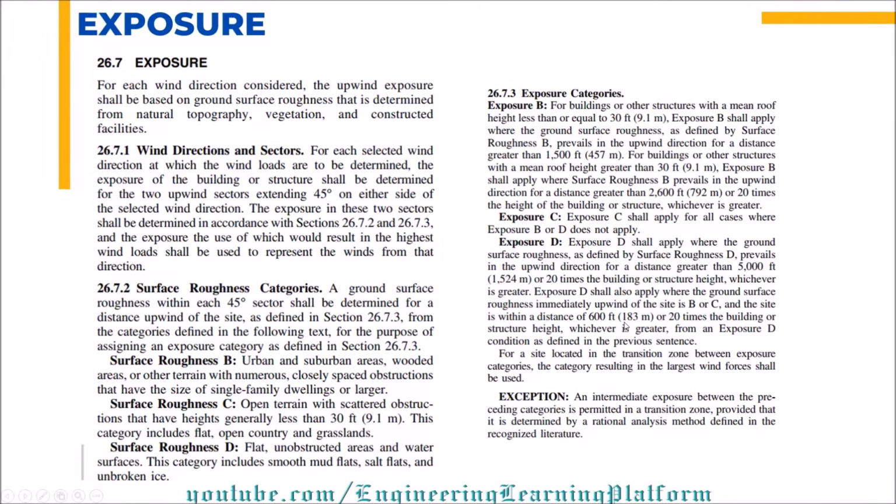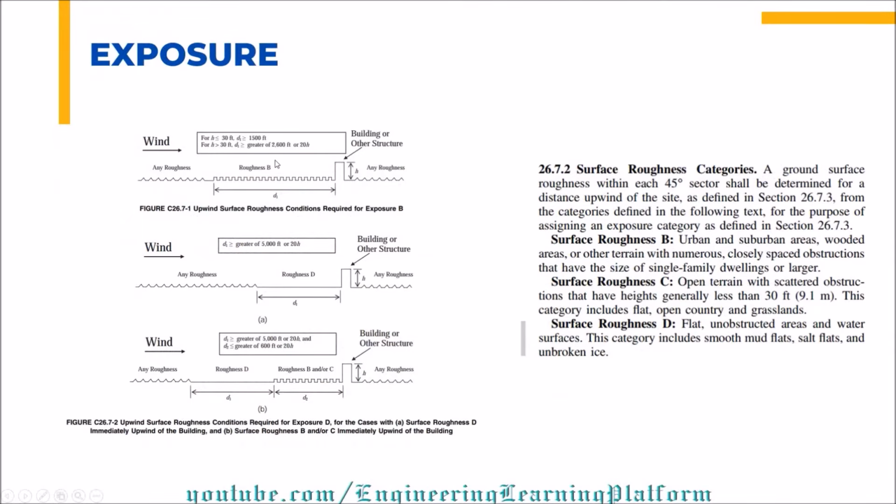So first we need to know what we mean by exposure B category and what we mean by exposure D category. So for exposure B category, if your roughness is B and this condition is satisfied, then your exposure category will be B. Or if this condition is not satisfied and any of these conditions is satisfied, then your exposure category will be D. And if both do not apply, then your exposure category will be C. So exposure category basically depends on the surface roughness.